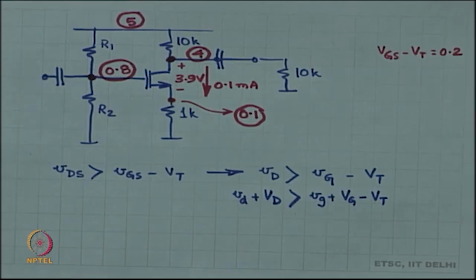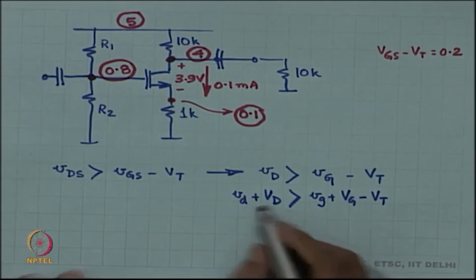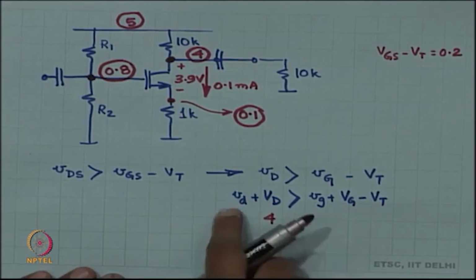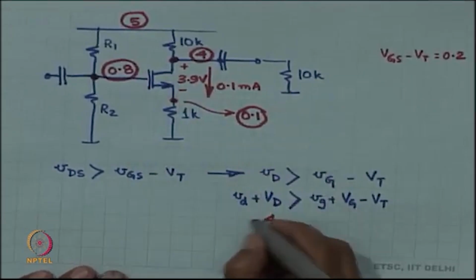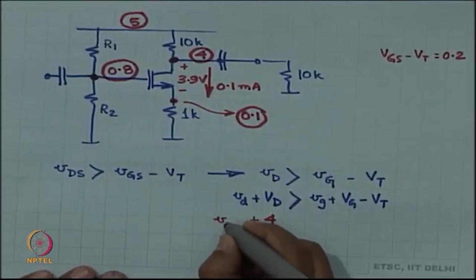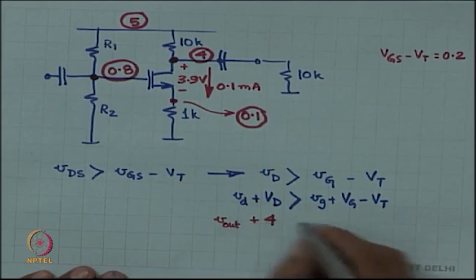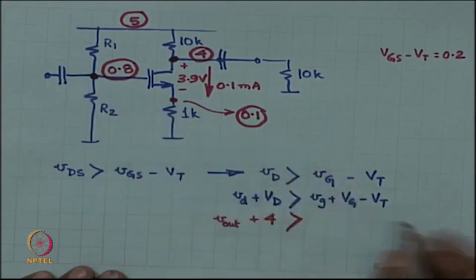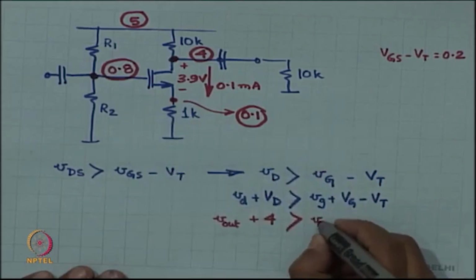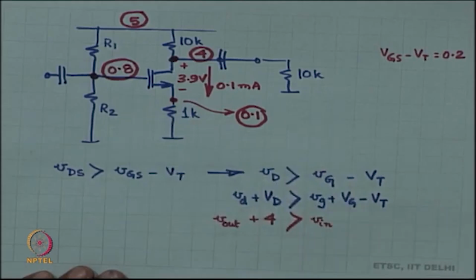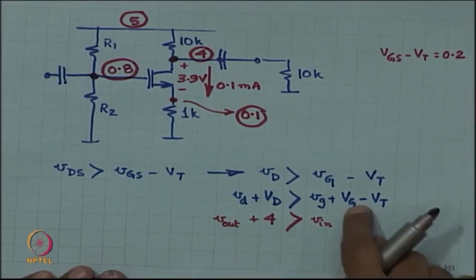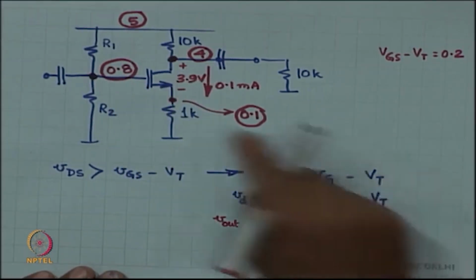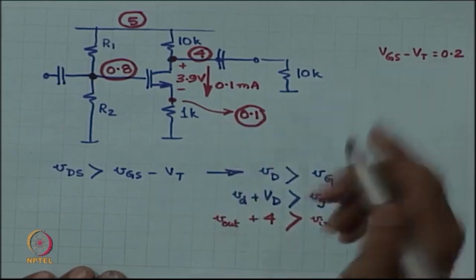So far so good. How much is VD? This is 4. Small vd is nothing but Vout. This has to be more than small vg, which is nothing but Vin. Okay. Capital VG is 0.8 and Vt is 0.5.